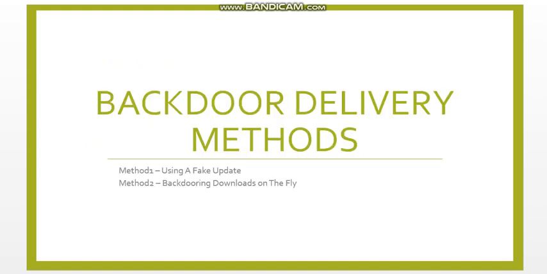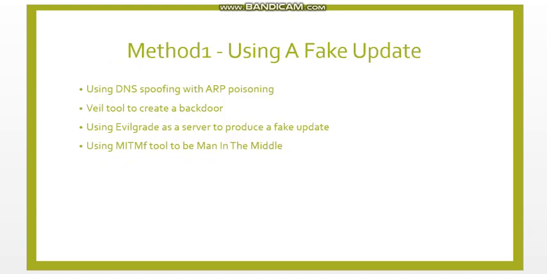Our methods are: the first one is using a fake update, and the second one is backdoor downloads on the fly. In method 1, we are going to fake an update which allows us full access on a victim computer.